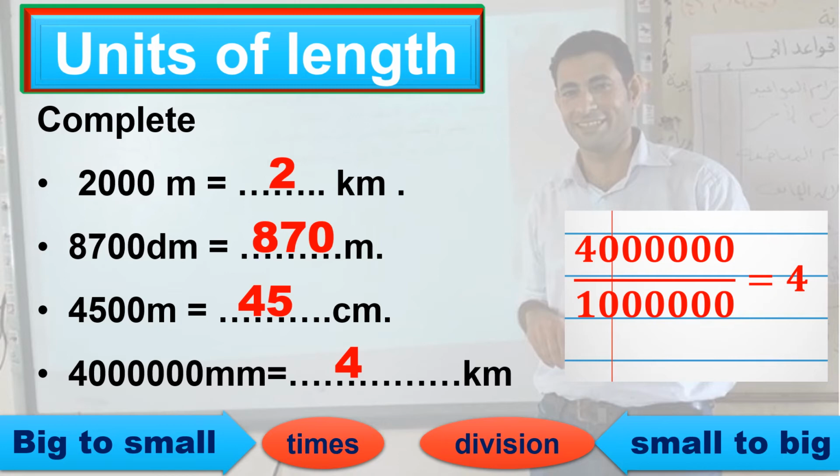طبعا لما بنحول من وحدة قياس صغيرة جدا زي مليمتر لوحدة قياس كبيرة جدا زي الكيلومتر، احنا بنعمل ديفيجن على كل التحويلات. يعني بنعمل divided by 10 عشان نحول من الملي لسنتي، و divided by 10 to convert between centimeter to decimeter، وكمان هنعمل division by 10 to convert between decimeter and meter.